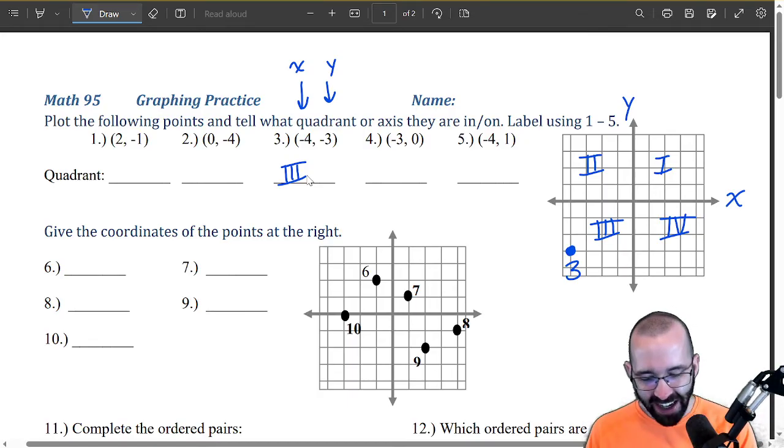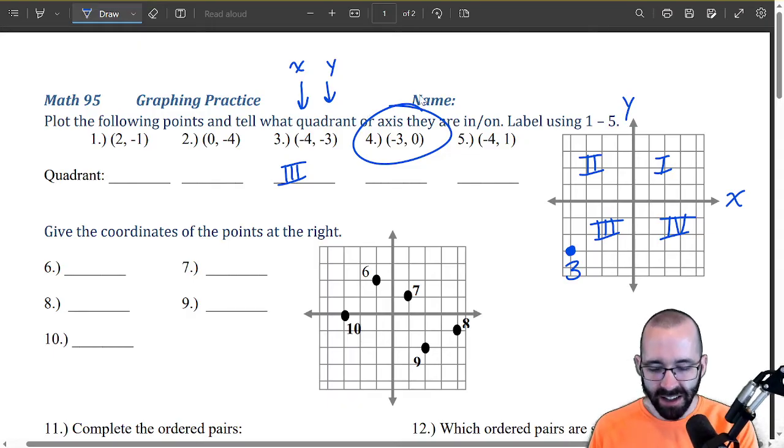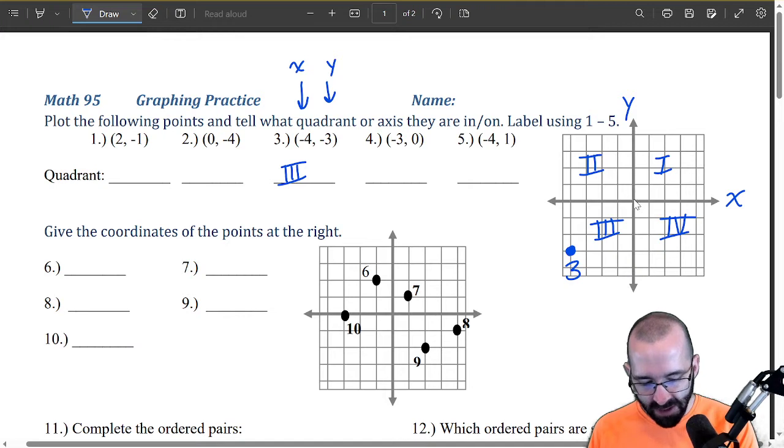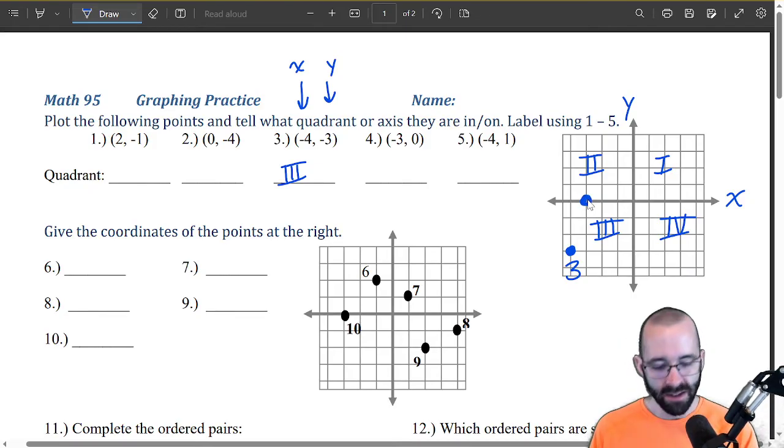Phew. All right, and now we do problem number 4, which says, look at this point, (-3, 0). That is 3 left: 1 left, 2 left, 3 left, and 0 up or down. This is problem number 4, and that's where it is.